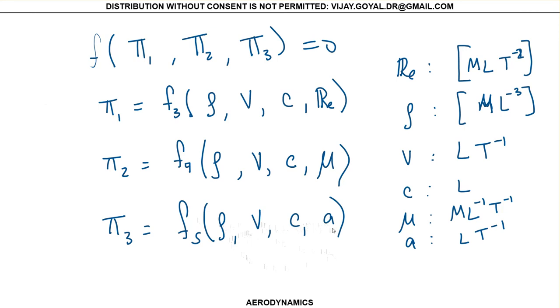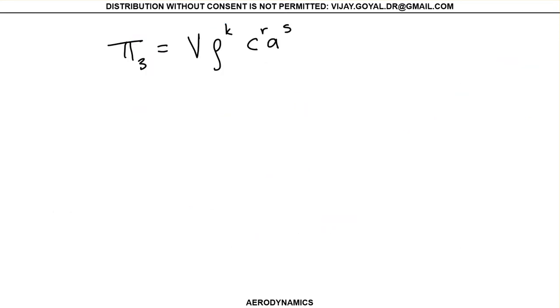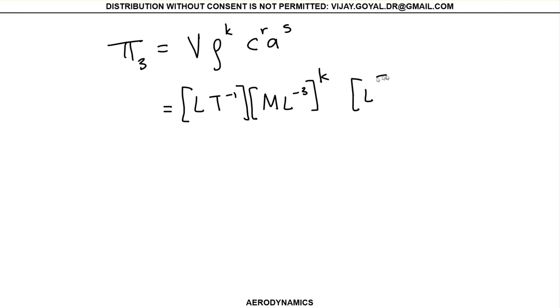So we want to solve for that, and I put all these variables there to find what the coefficients are. We do exactly the same process again. This is length time minus 1. This is mass over length cubed, that's just minus 3, to the kth power. And this is length to the r. This is L T minus 1 to the s power.